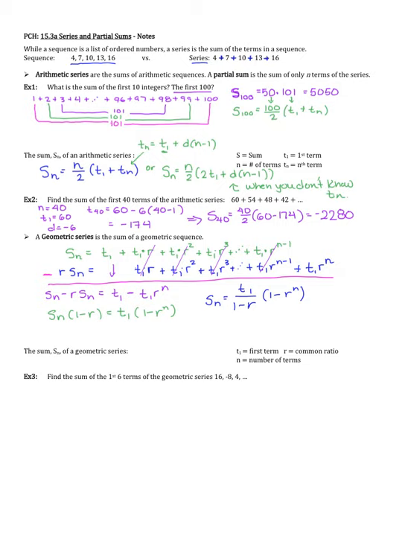Now in your book, you'll notice that they always take this denominator and write it underneath this other part. I don't like to do that for several reasons. One, this first part to me is like a coefficient that's going to get distributed to the 1 minus r to the n. And so I find it easier to calculate that out first. And also when we start talking about infinite sums, you will find a little surprise that we don't need the second part of this formula, 1 minus r to the n.